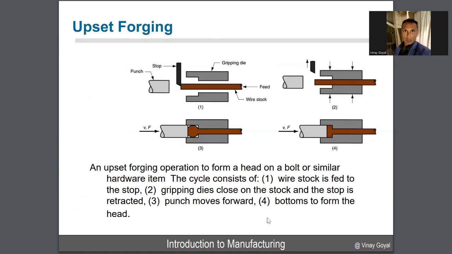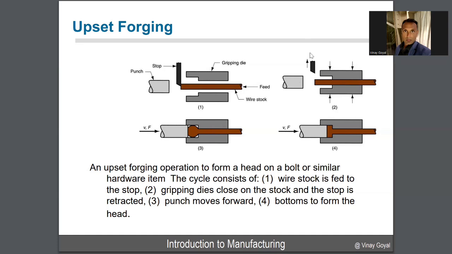So with the upset forging operation, which allows you to form a head on a bolt or similar hardware item, the cycle consists of the following. You have the wire stock feed, and then you have the stop here, right? And here are the two dies, and the punch. So I'm going to bring the grip dies together, and then the stop will be removed. It's retracted.